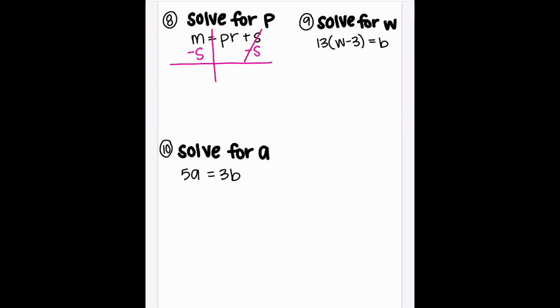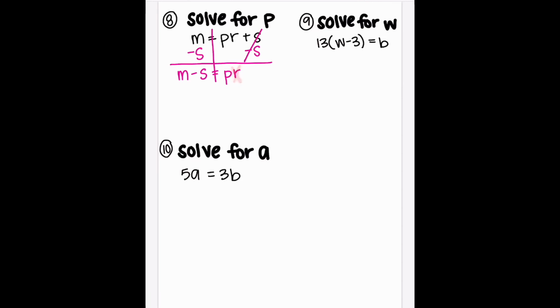So on the left, notice we can't actually do m minus s. They aren't actual values that we know. So we can just write it out as m minus s. Bring down the equal sign, and we still have p times r. Finally, we can split these two apart. Since that's multiplication, we're going to do the inverse, which is division. Since we want to get p by itself, we're not going to divide by p, we want to get rid of this r.